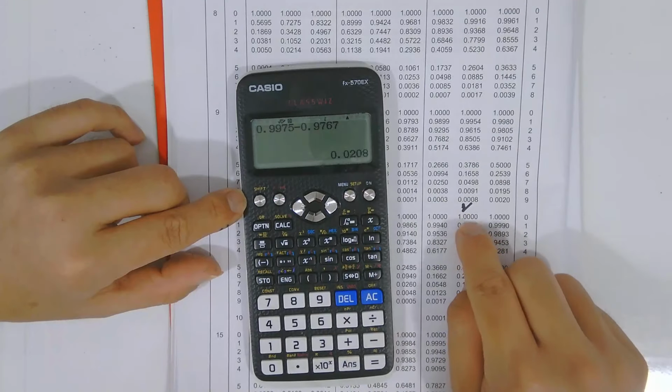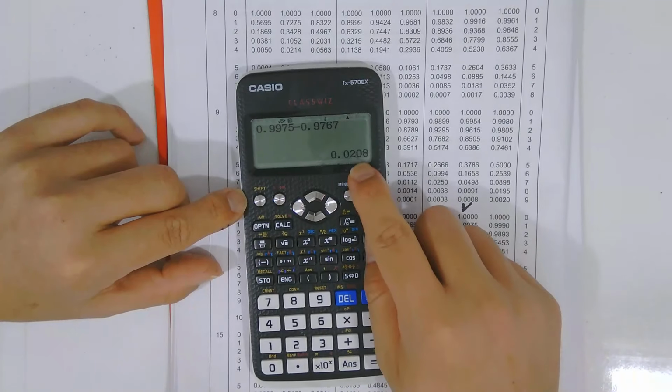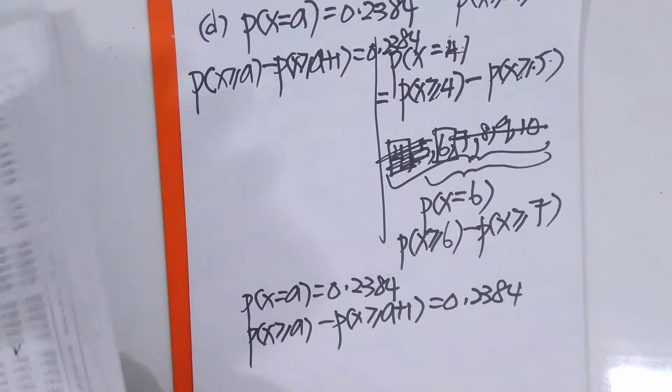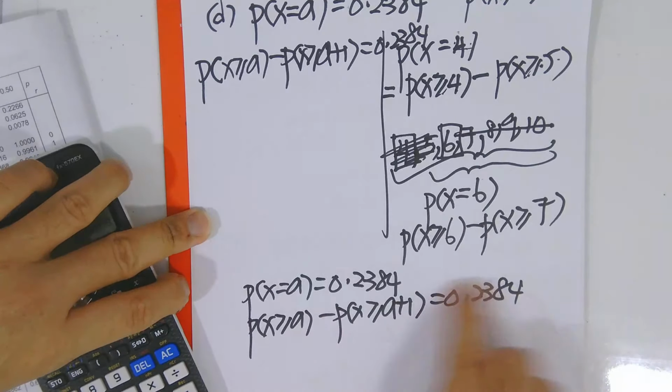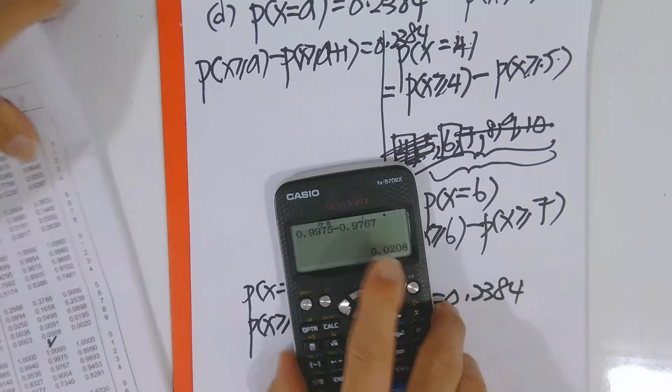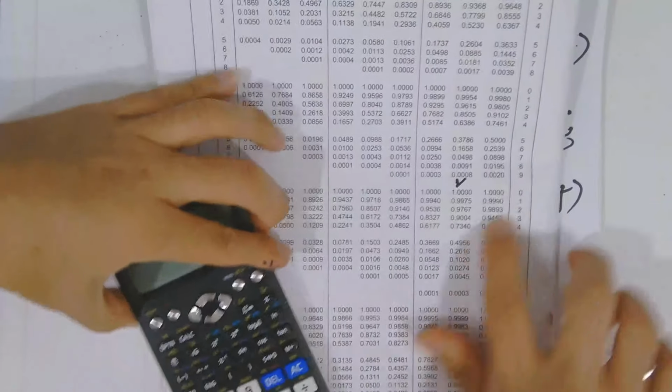The consecutive values, once you minus, you get this value, which is not the value we want, right? When you minus these two, it is 0.0208. So you have to try one by one, okay?